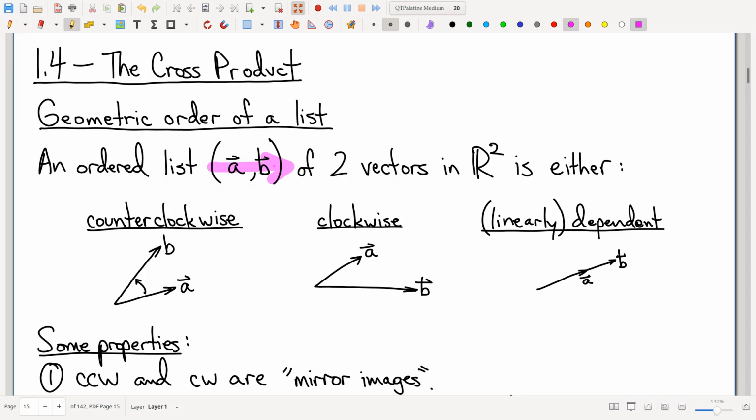So that order is either clockwise or counterclockwise, by which I mean if you look at the first vector, that first vector has a direction. You look at the second vector, that second vector has a direction.